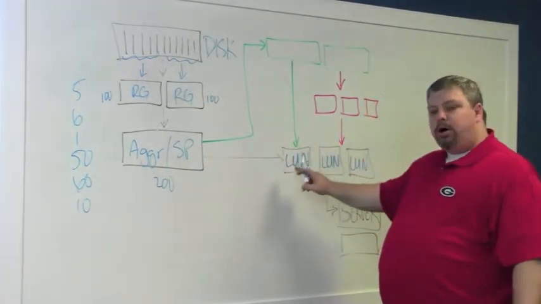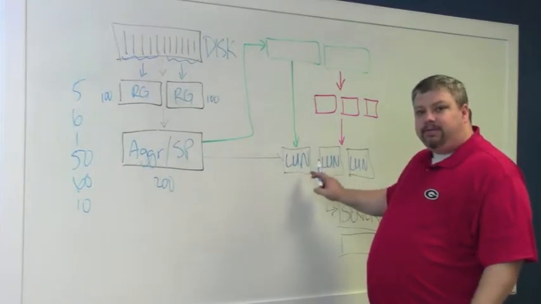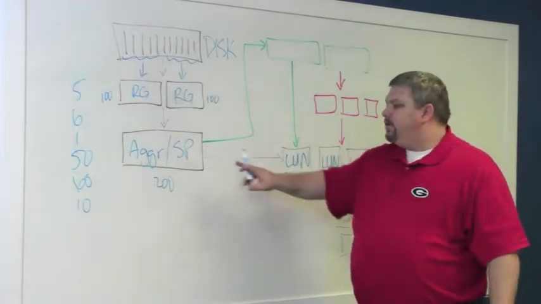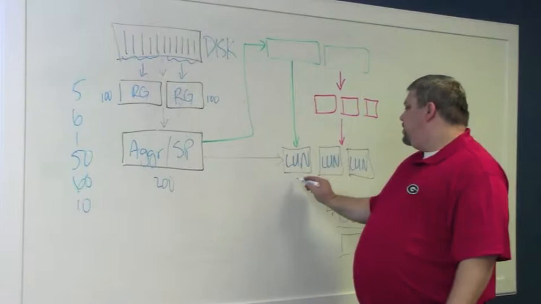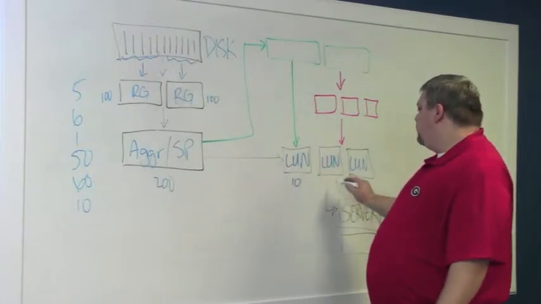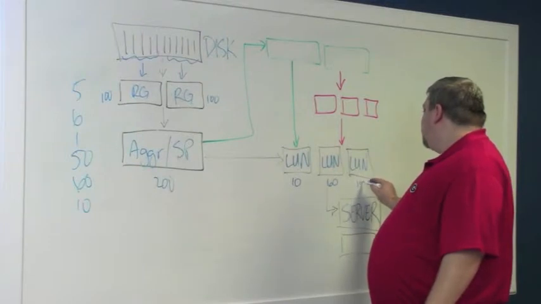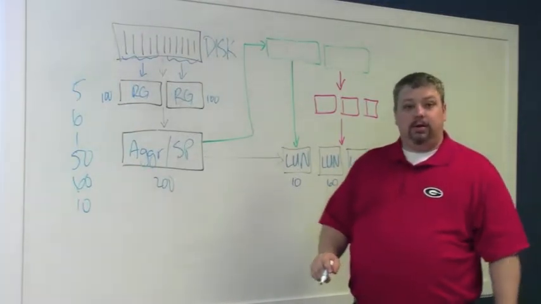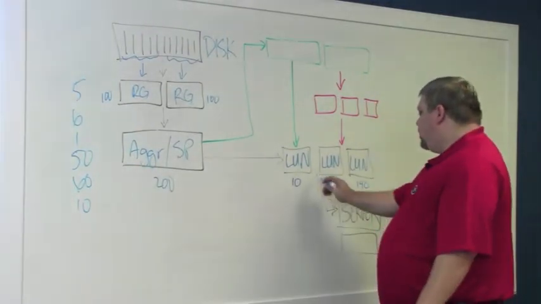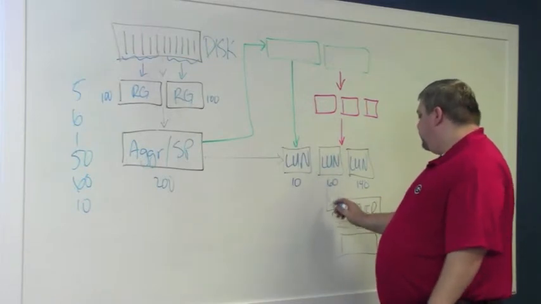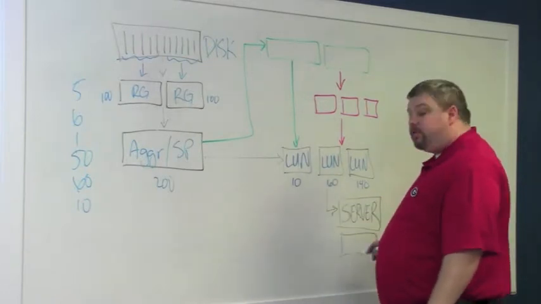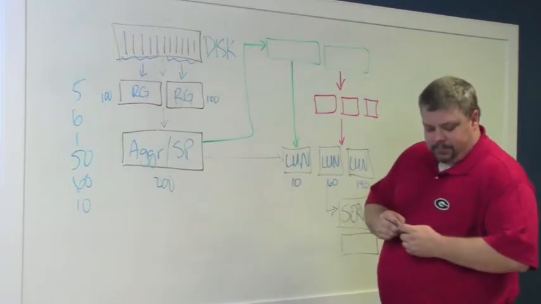They're going to see some partition, some little piece of this that they're presented. So maybe this LUN is 10 gigabytes, maybe this LUN is 60 gigabytes, maybe this LUN is 140 gigabytes, etc. And those might get presented to one server, multiple servers, etc.